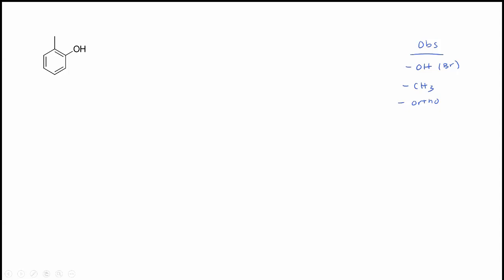Or anybody have ideas? So it probably would be a good idea to add our benzene carbons first. And this is just one CH3. We don't have to worry about it rearranging.